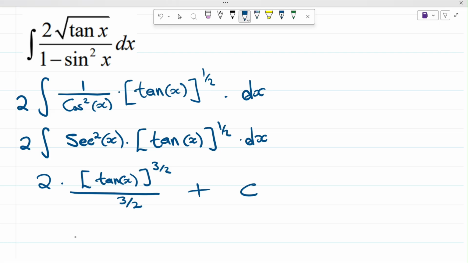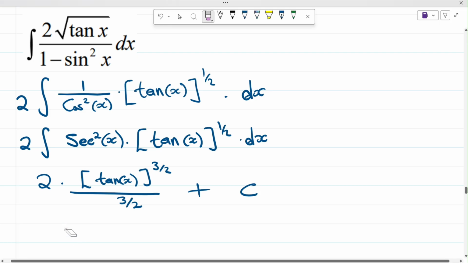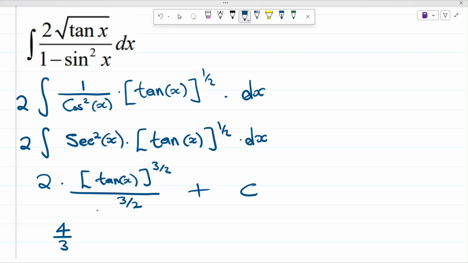Of course, one can argue and say, nah, I want to write this in a nice way. So let's write this thing in a nice way for the sake of avoiding some arguments. So this is going to be 4 over 3. The 2 is going to go up there and multiply with that 2. And then we can change this 3 over 2 into a square root.